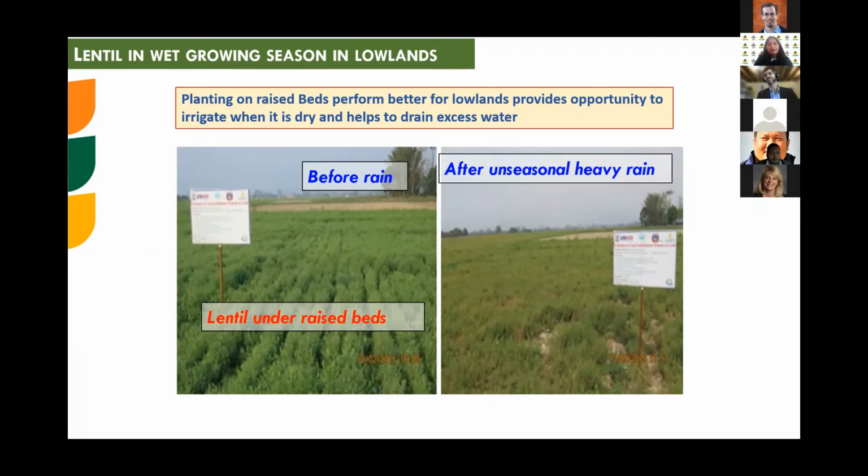This is in Bardia, and 7-10 days after unseasonal heavy rain, you can see on the right side that there was almost no lentil. So unless we have a good variety that can sustain this kind of condition and is disease resistant, even if we use an innovation that has good facility to drain excess water, it is still a big challenge. That's what I would like to highlight.